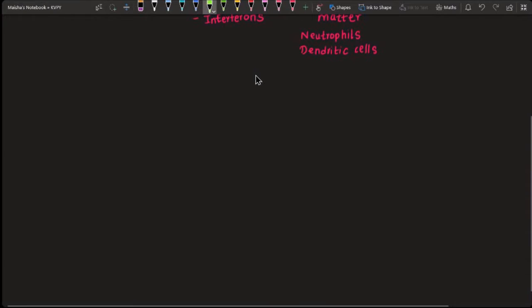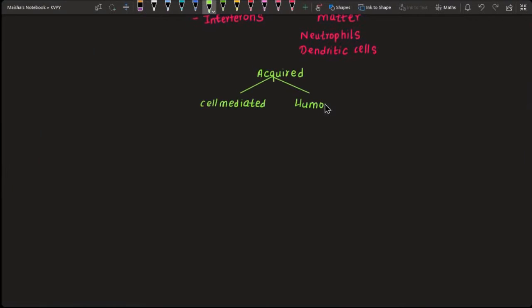Now we move on to acquired immunity. Acquired immunity is the immunity that is developed during life. Acquired immunity can be classified into 2 types: cell-mediated immunity and humoral immunity.